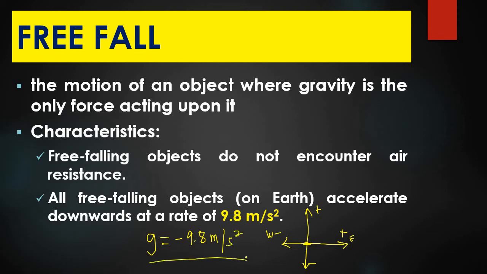This is what we will use in our formula later on. It has a negative sign indicating its direction. So this g is equal to our a, acceleration due to gravity.